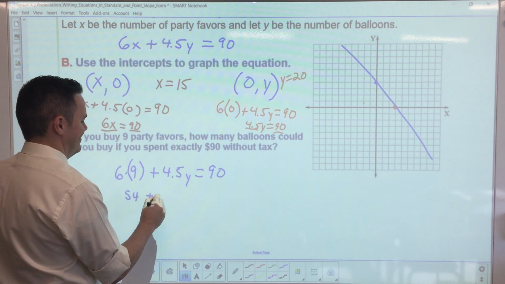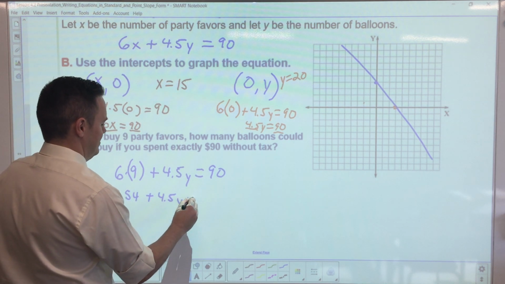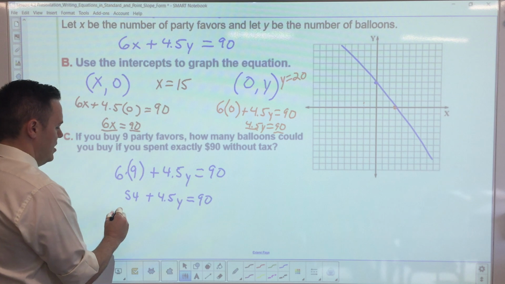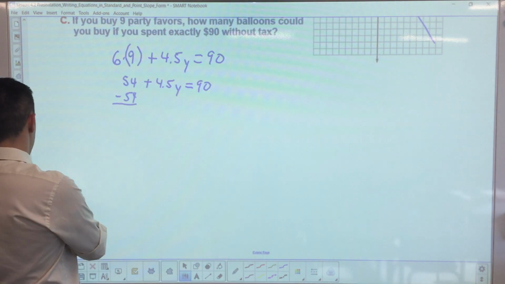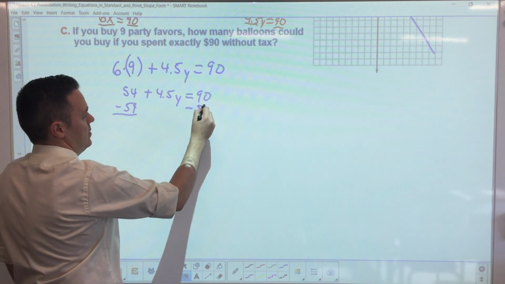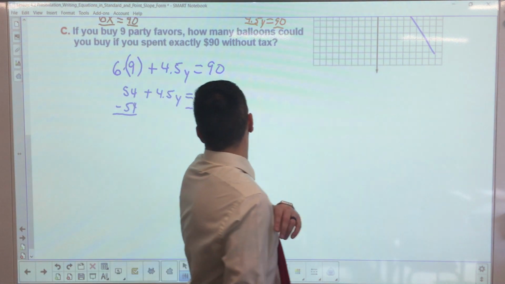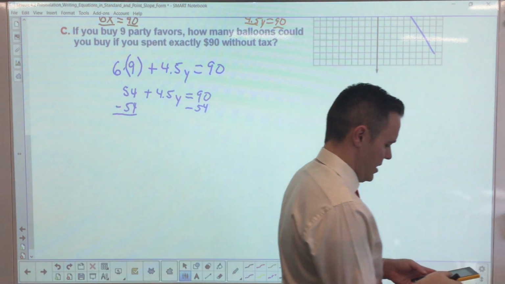I sure hope it is. 90, okay? You subtract both sides by 54. All right, and then you end up with, let me make sure I get this right.